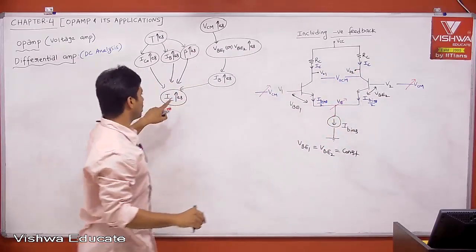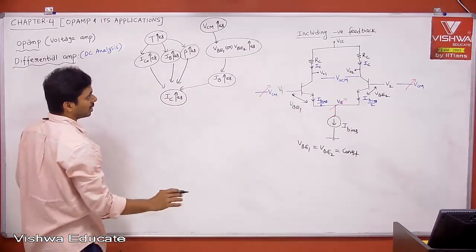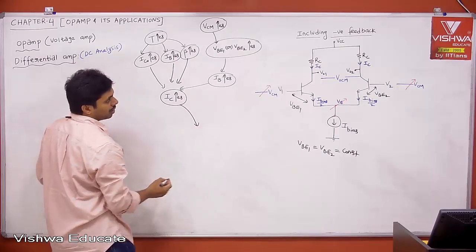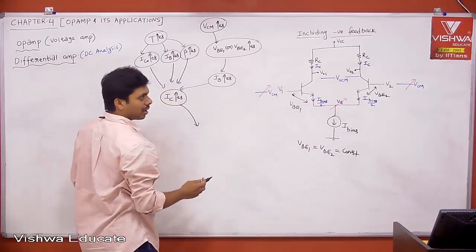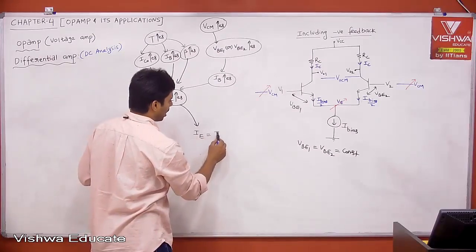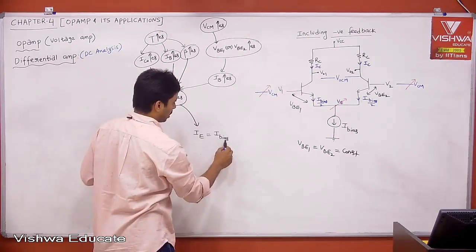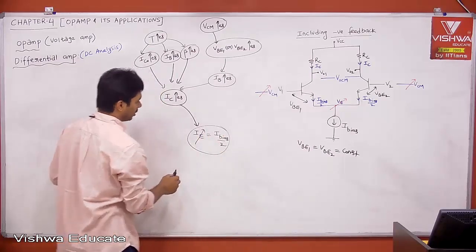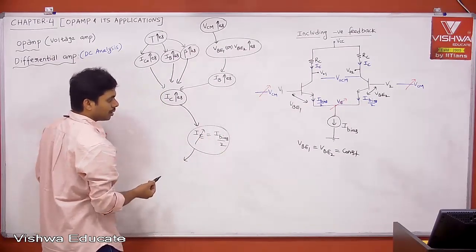The common mode effect is what is affecting your IC, then immediately what will happen? When IC is increasing, your IE will increase. Therefore, your IE, which is nothing but I bias by 2, increases.